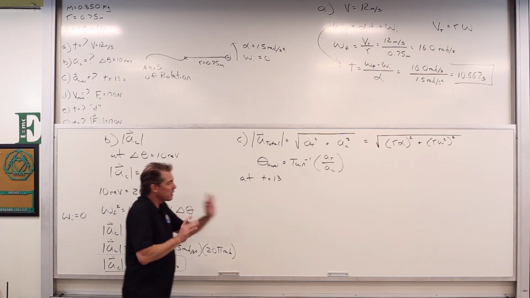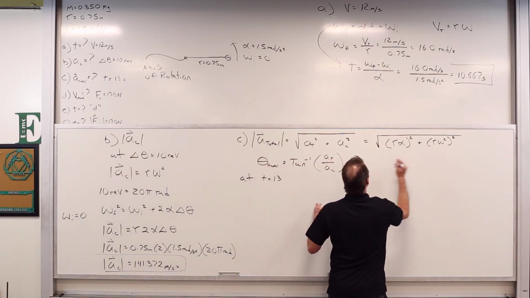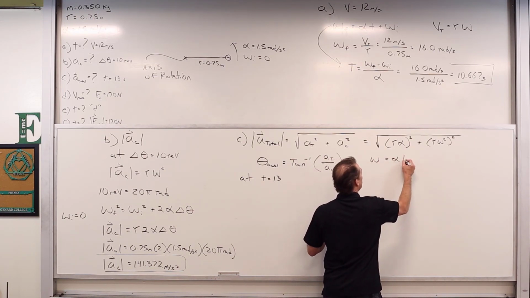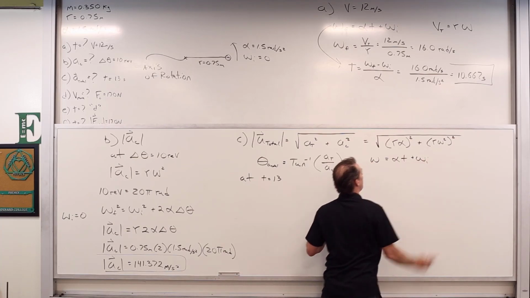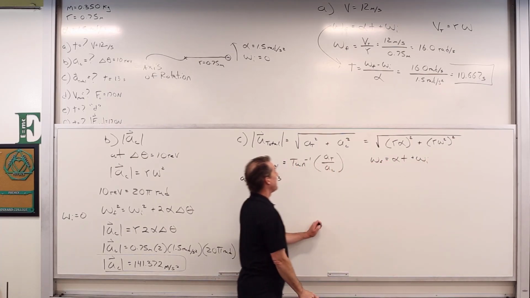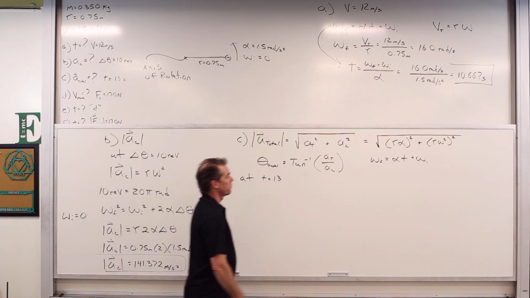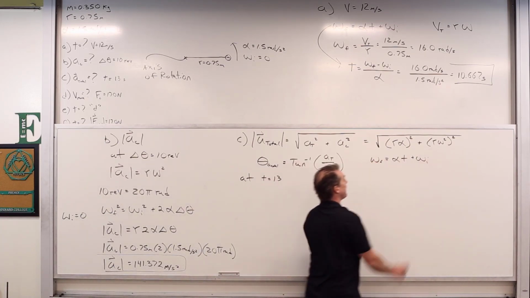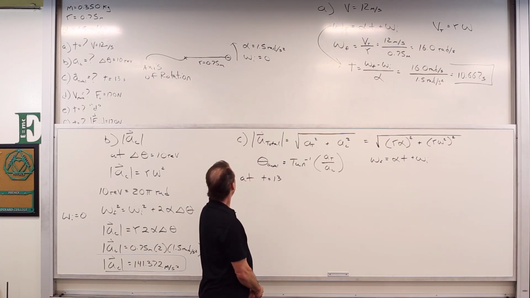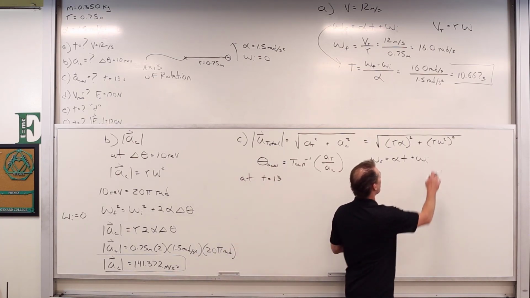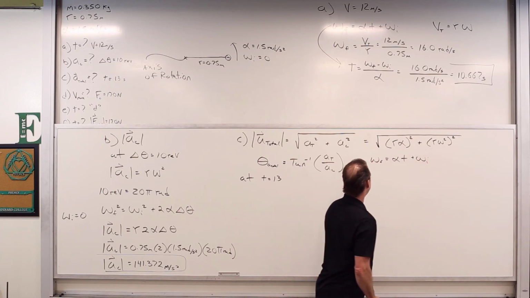All right, just in a couple little steps here. Again, omega itself is equal to alpha t plus omega initial. This is like an omega final, right? Well, that is omega as a function of time. In this particular case, it's probably easier just to quantify what omega final is and stick it in.